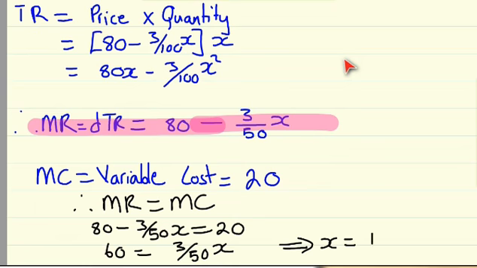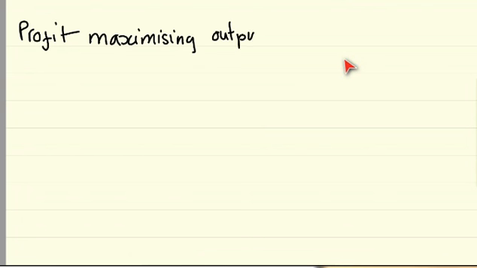Yes, so x becomes 1000. What it means is x is equal to 1000. That means my profit maximizing output is equal to 1000 units. So if this company sells 1000 units, it will maximize its profits.